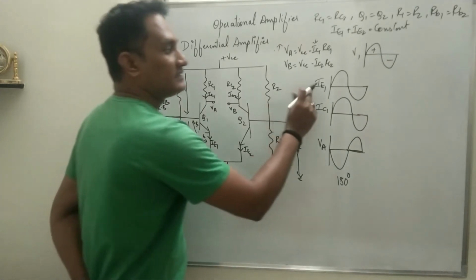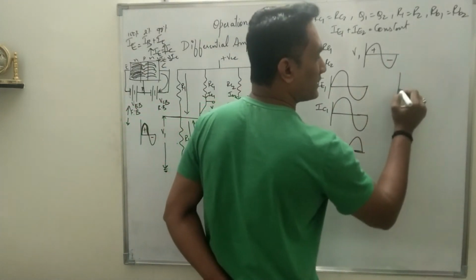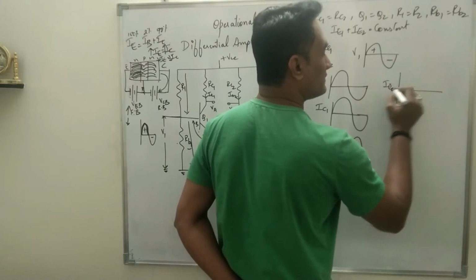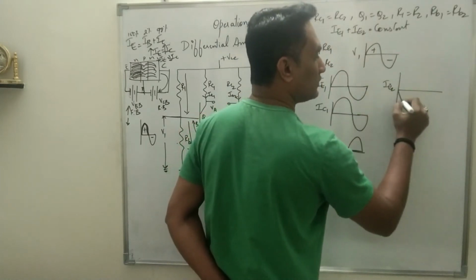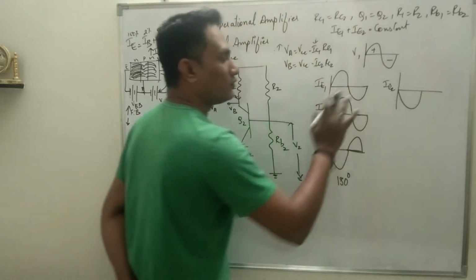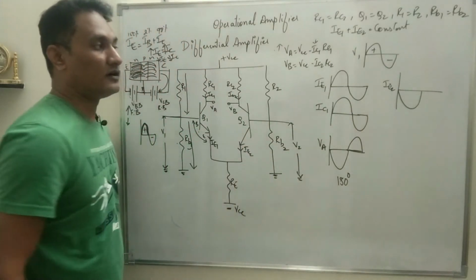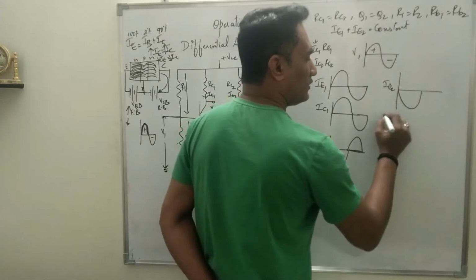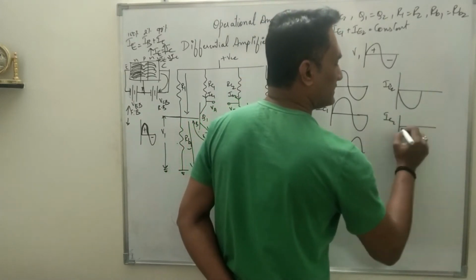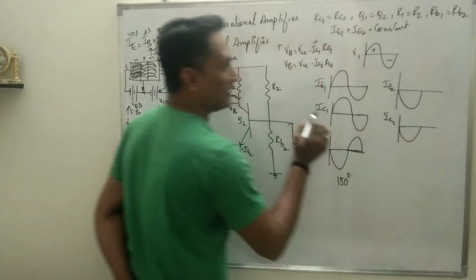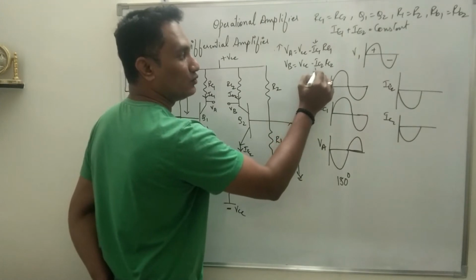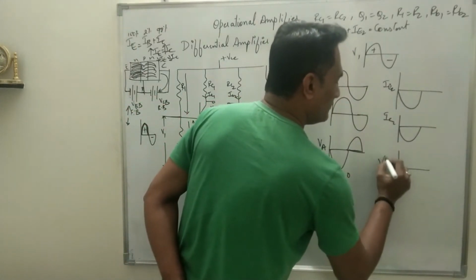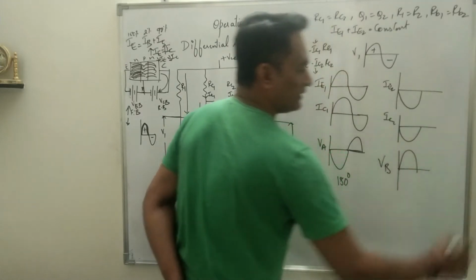So any change in IE1 will produce a corresponding change in IE2. As IE2 is equal to IC2, IC2 will also decrease, and if IC2 decreases, VB increases, so VB will increase.